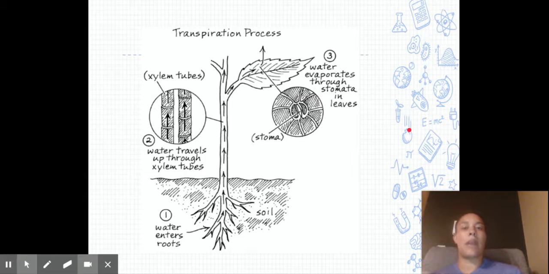It is also called capillary action whenever water travels up and defies gravity. So if you see capillary action in your reading, it's more of the process, whereas transpiration is specific for plants. Okay.